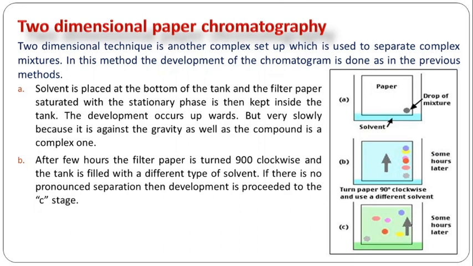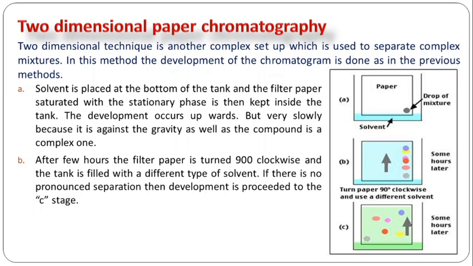After some time it generates a chromatogram like this. Now we can locate the components at different spots over here. This is the advantage of separating a complex mixture using paper chromatography. This is a very good advantage of paper chromatography.